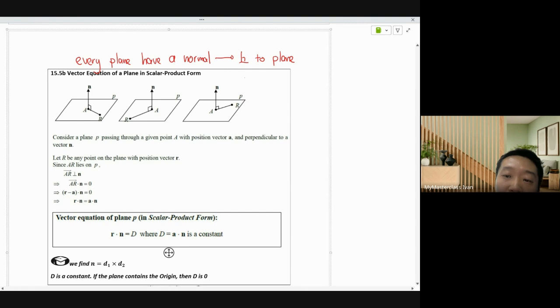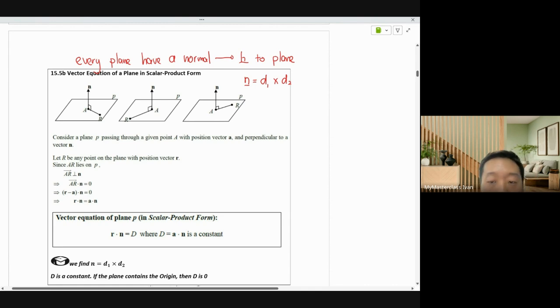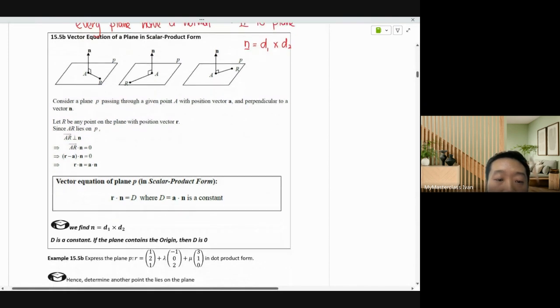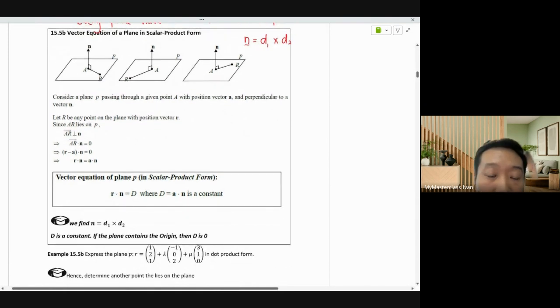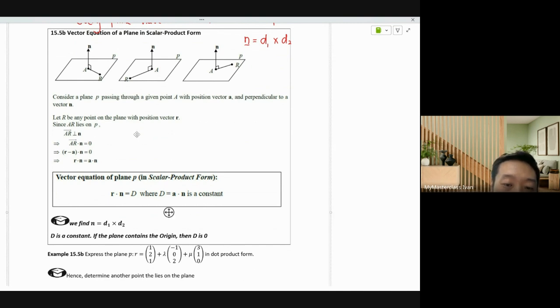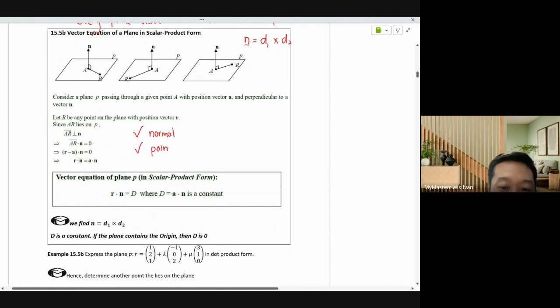Okay, and how to get normal? Right now, normal is equals to D1 cross D2, not multiply, but cross. Okay, so this second form is called R dot N equals to A dot N. So you need to write a tick, and then you need a normal as well as a point.